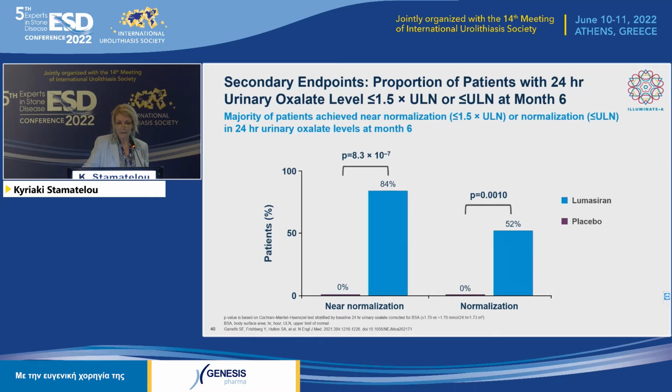You can see that 52% of the patients completely normalized their urinary oxalate, while 84% reached a point near normal, lower than 1.5 times the upper limit of normal.